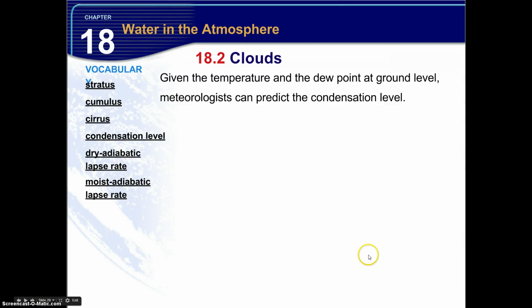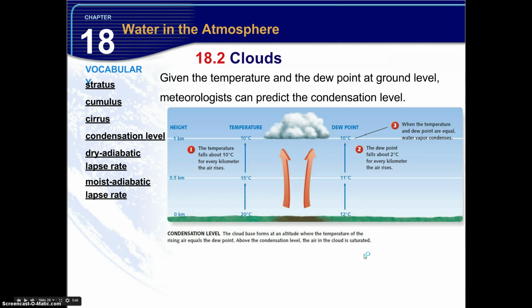Given the temperature and the dew point at ground level, meteorologists can predict the condensation level. Now condensation level again is where the cloud base forms, at an altitude where the temperature of the rising air equals the dew point. That's where condensation actually takes place for the cloud to form. Above the condensation level, the air in the cloud is saturated.